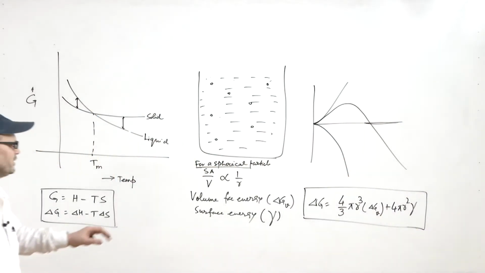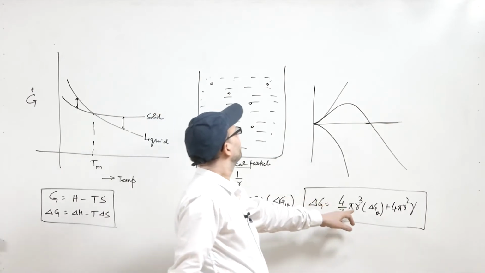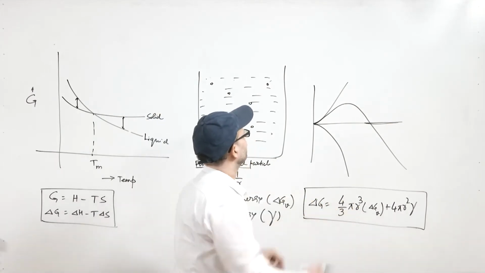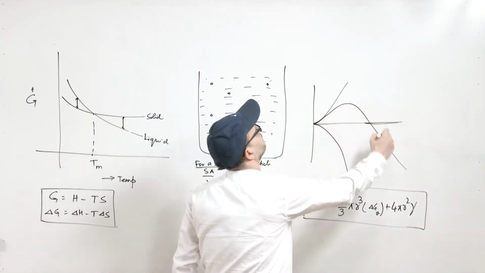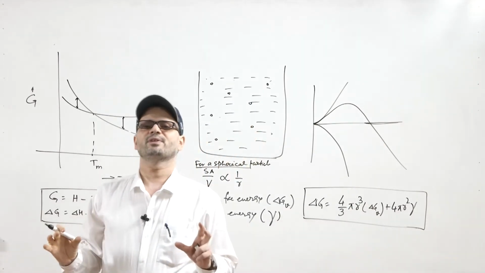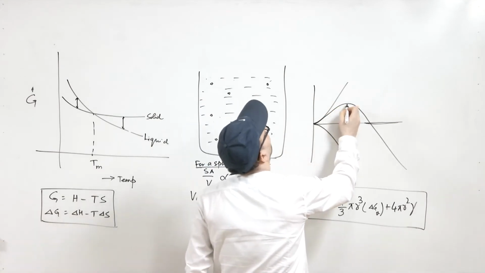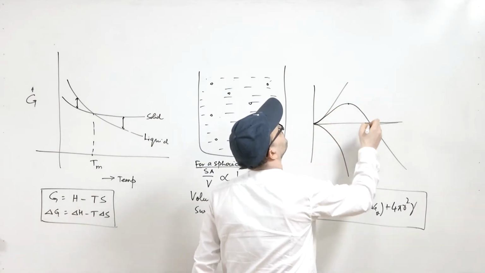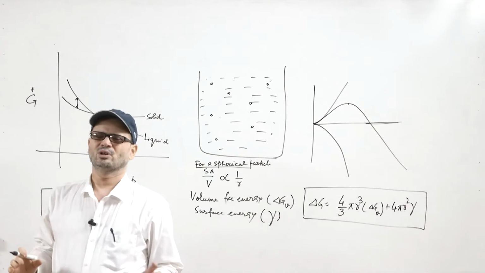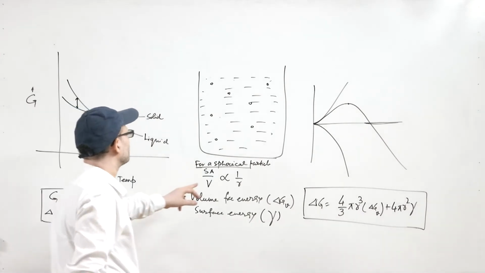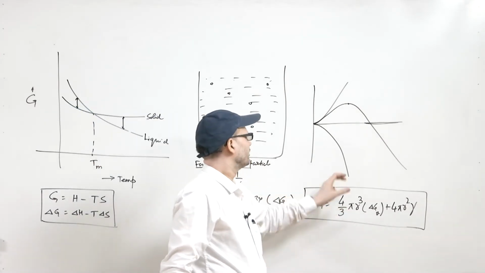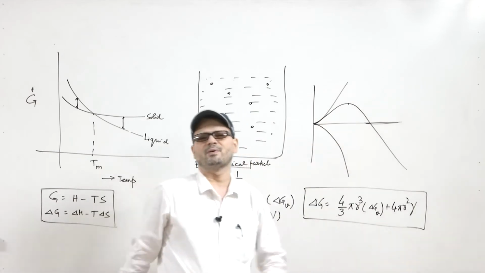Now, what happens is that this term is talking about this line, which shows the change in free energy. After this point it starts decreasing, because slowly this term starts dominating as it moves further.